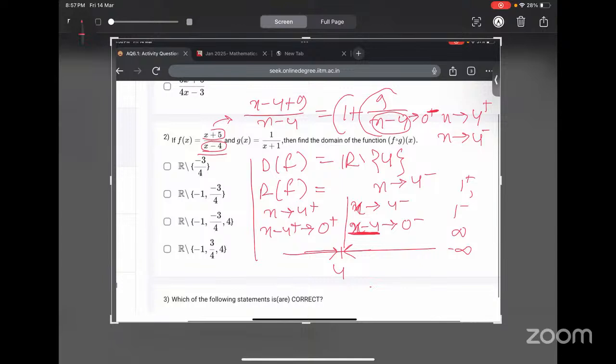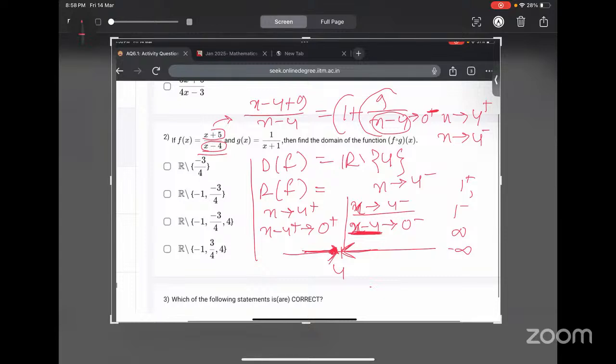So x is less than 4, ma'am, here. Yes, here x is less than 4 because we are tending from this side. And how is the 0 coming? That is what I'm confused about. x minus 4: x is 4, 4 minus 4 is 0. So x minus 4 means we are basically shifting this point. Suppose this is the point which is tending to 4 from the left hand side.